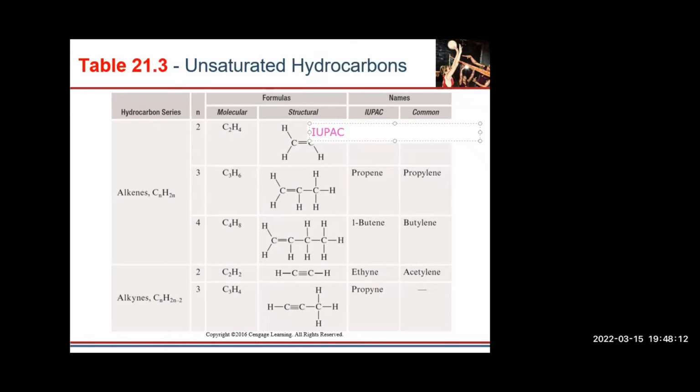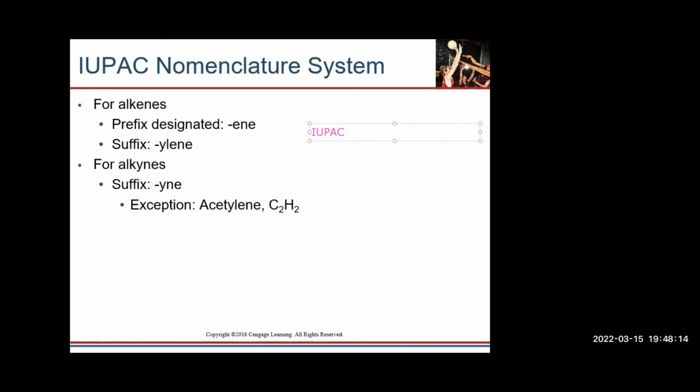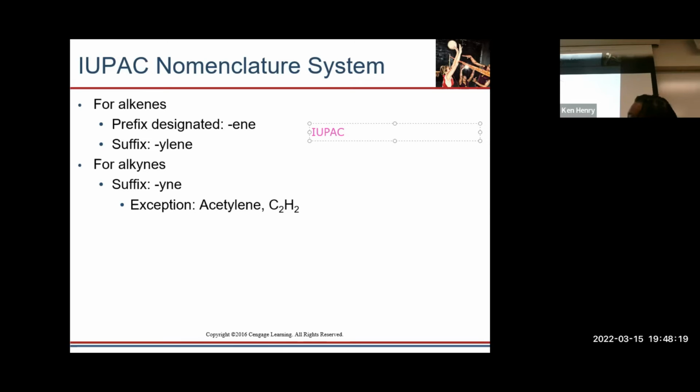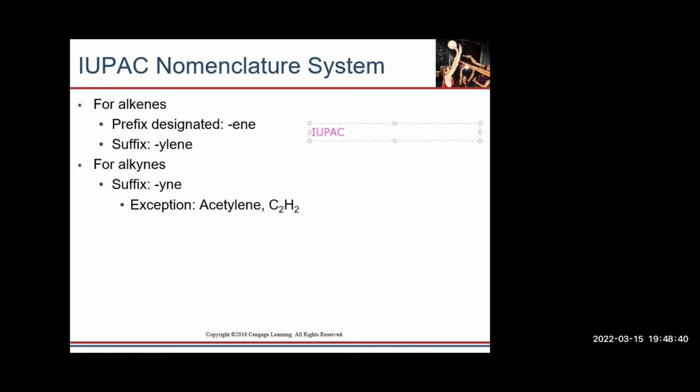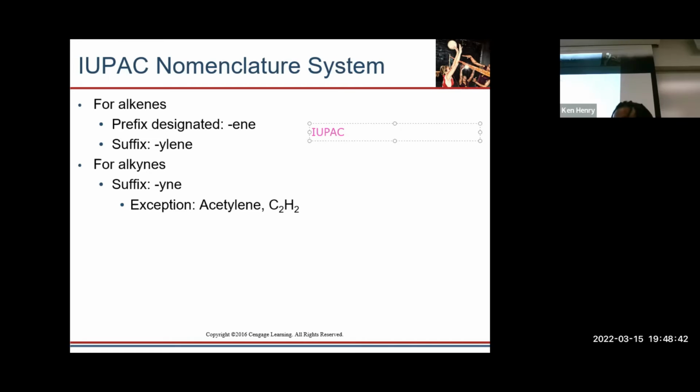Wait, I have a question. Yes. Why is acetylene the exception for alkynes? It's called acetylene because, again, that was its common name, given to it before it became IUPAC nomenclature. So you use that as a root when you're naming anything that has a triple bond in it, when you're using the common name nomenclature.